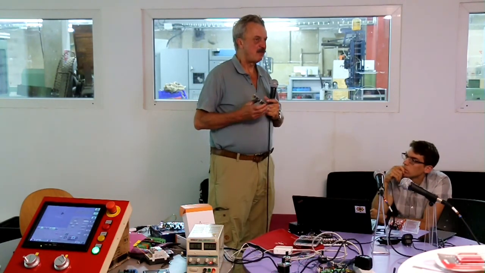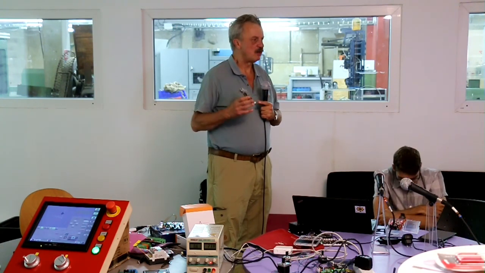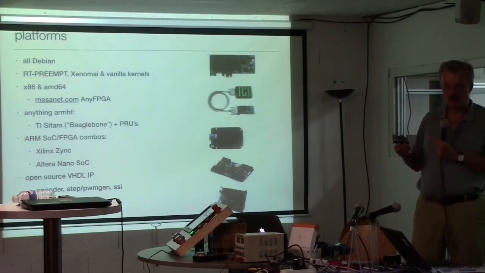One development which we've been working on in the Machinekit project, which we have not published very loudly except for a blog post, is that in the last few years a type of platform has been appearing: combined systems on chip, typically ARM processors, with an FPGA on the same die, a field programmable gate array.